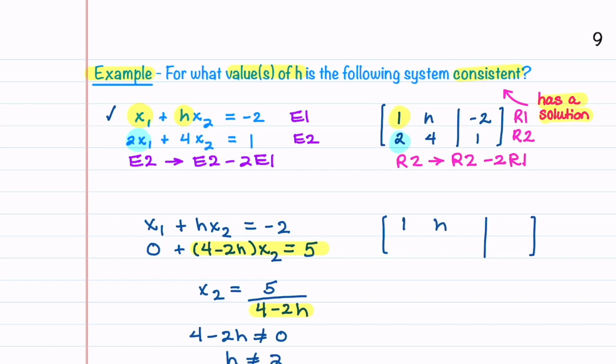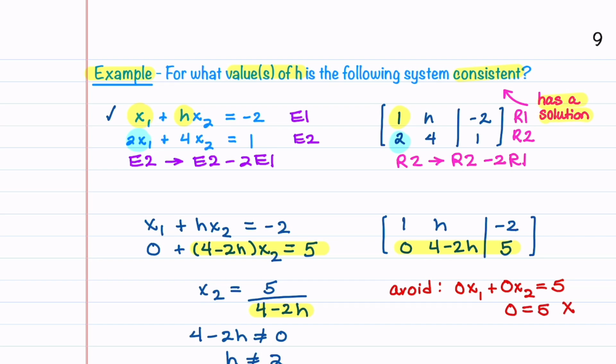This gives us 1, h, minus 2. That part didn't change. And then we get a 0. We multiply row 1 by minus 2. So we get 4 minus 2h. And then 1 plus 4 gives us 5. Let's now focus on this row. What we want to avoid is having 0 times an x1 plus 0 times an x2 is equal to 5, because that would be 0 is equal to 5, and that of course won't have a solution.